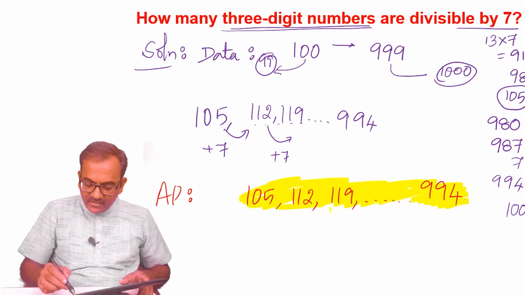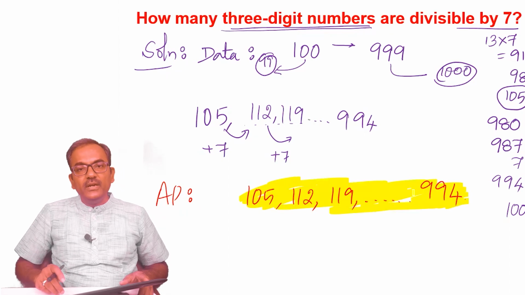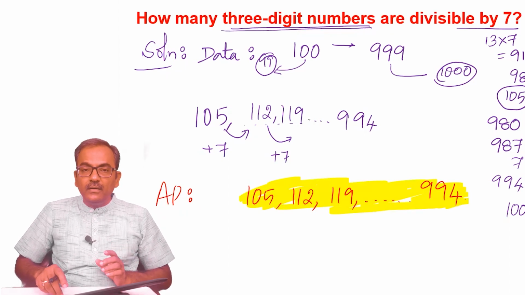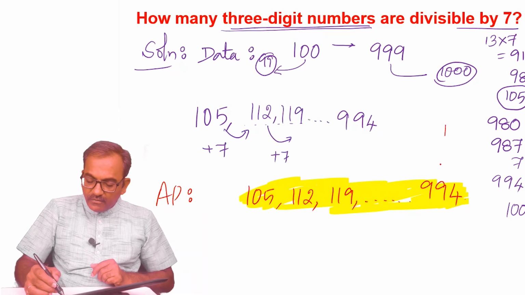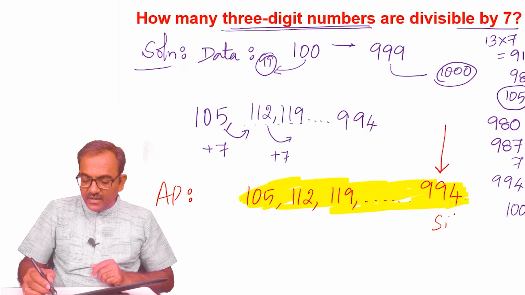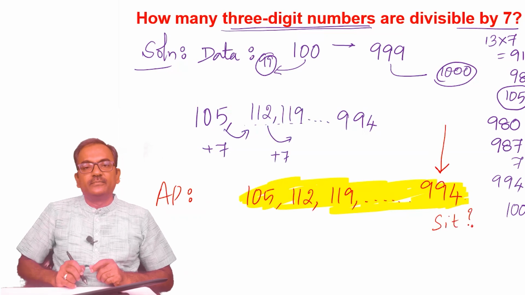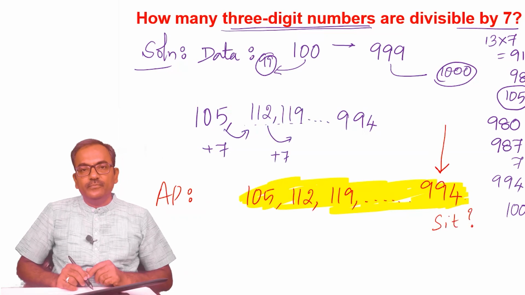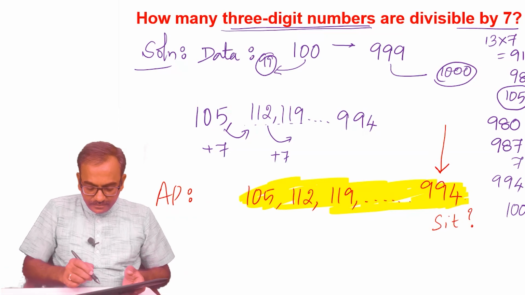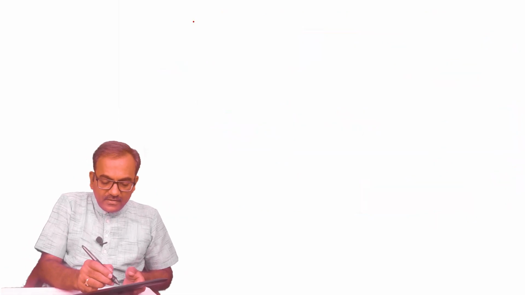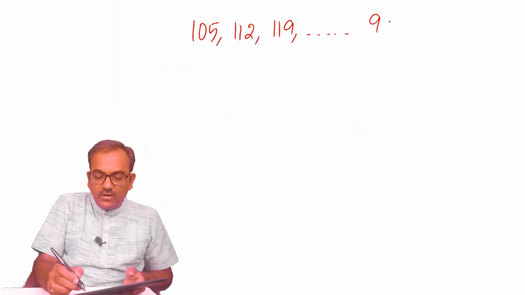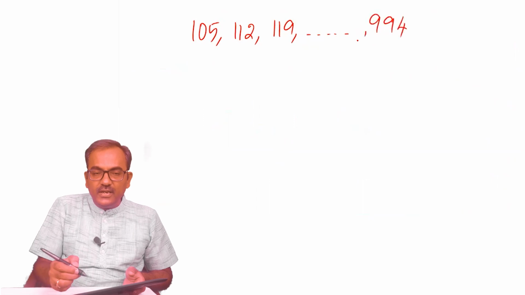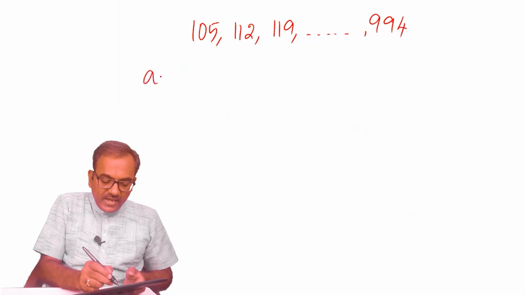This is not the answer that I know, but we need to determine the rank of this 994. Where does this 994 sit? Let us try to do this. The AP is 105, 112, 119 and so on up to 994. Here what is A?